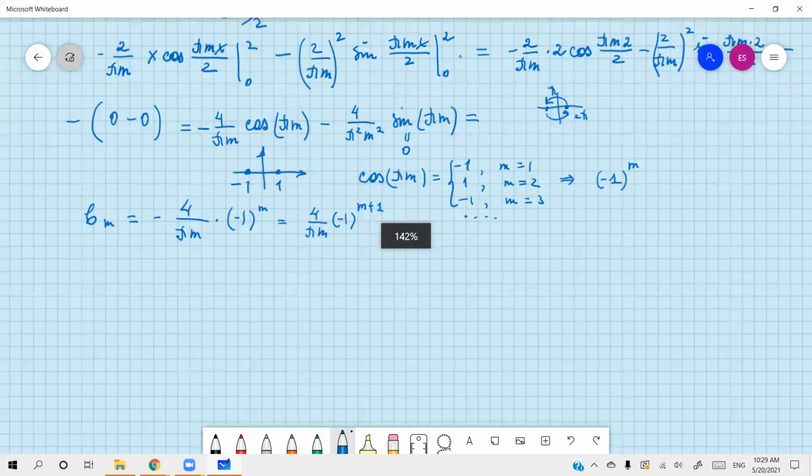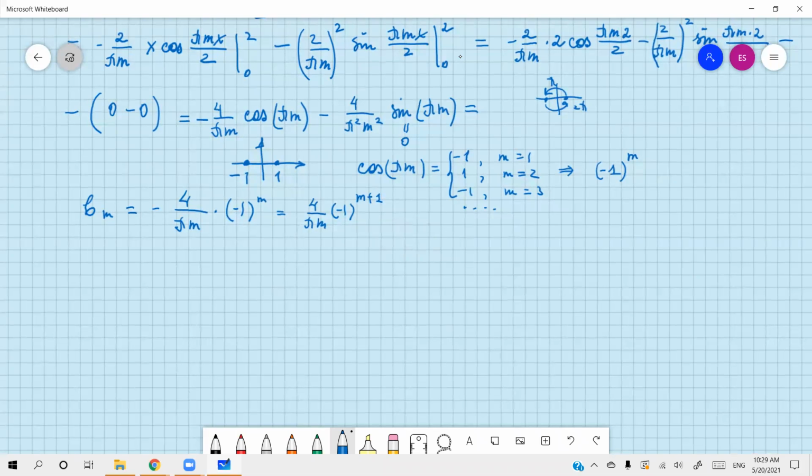And I remember that I'm not going to have cosine terms in the series because the function is odd. So my f of x Fourier series representation is going to look like this. It's like sigma of -1 to the power of m plus 1, and then 4 over pi m, and then sine of pi m x over L, and here m goes from 1 to infinity.